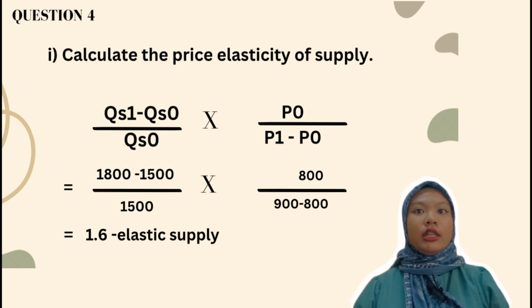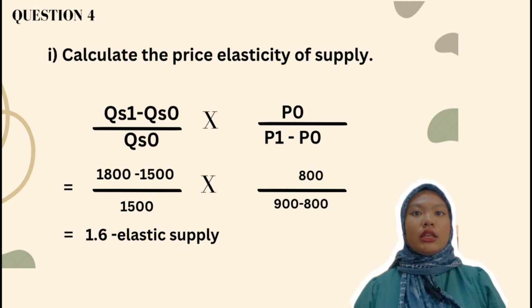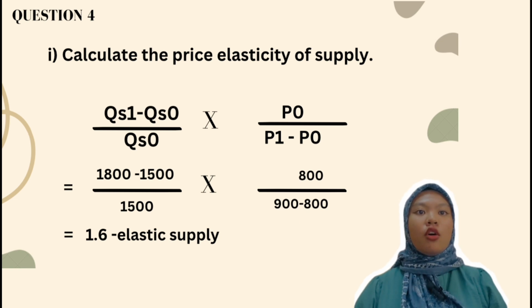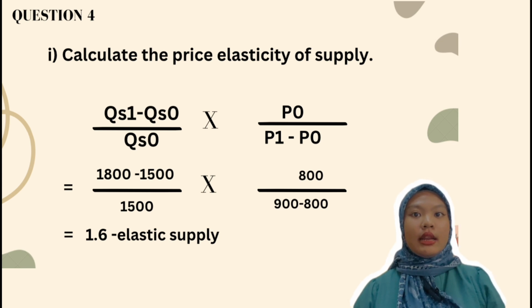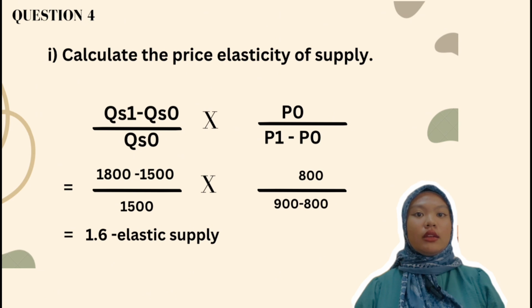Q1 minus Q0 divided by Q0 times P0 divided by P1 minus P0. So the calculation is 1800 minus 1500 divided by 1500 times 800 divided by 900 minus 800.